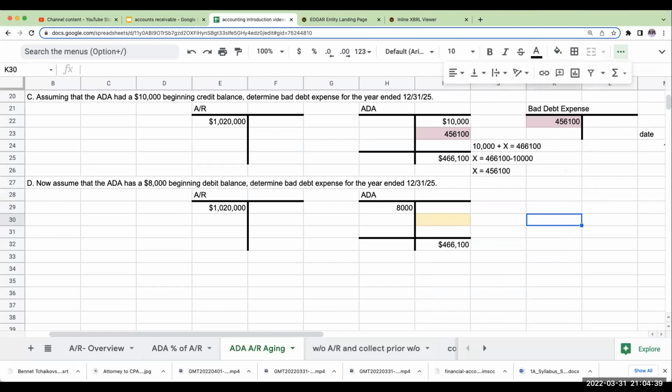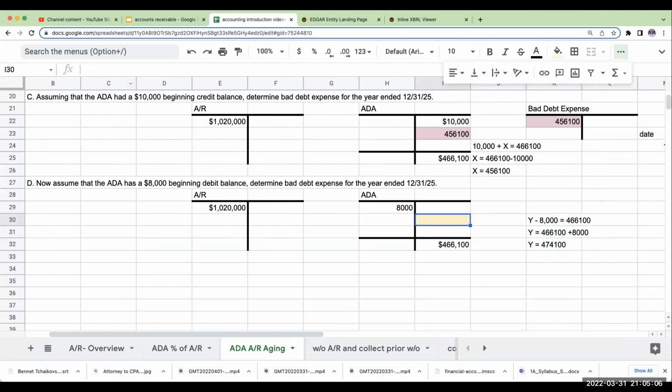I'm now going to say Y minus 8,000 equals 466,100. Y is going to be equal to 466,100 plus 8,000. So Y is going to be equal to 474,100.